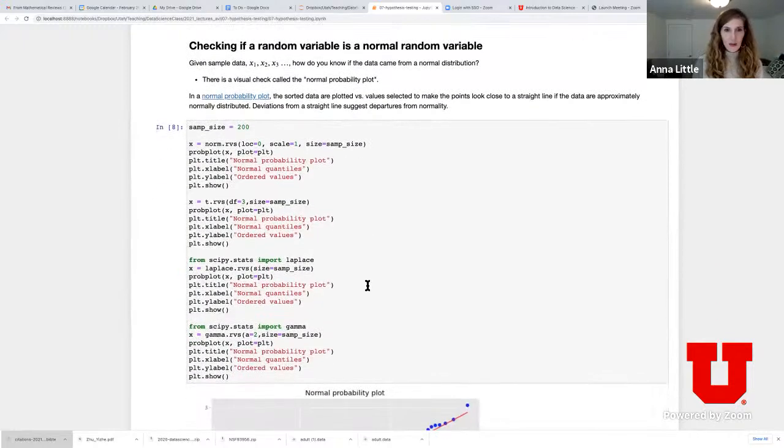Okay, so here we're going to look at some examples where, remember this .rvs function, it generates random variates from this distribution function. So for this first plot, I'm looking again at a standard normal distribution and generating 200 random samples from that distribution.